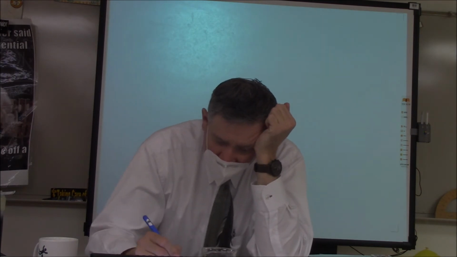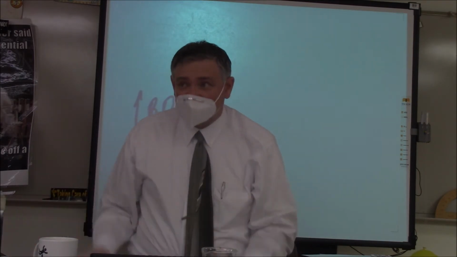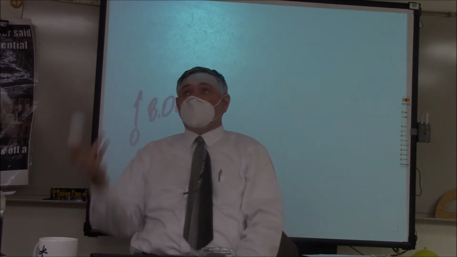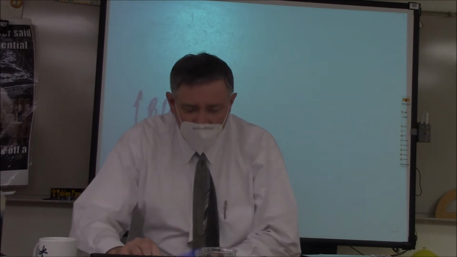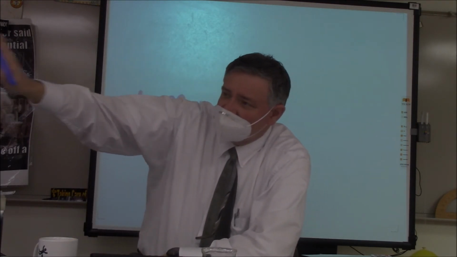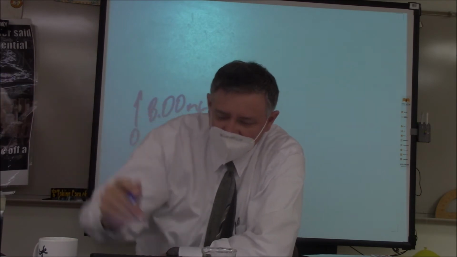So I'm going to throw a ball up in the air at 8 meters per second. Like that, I'm going to give it a toss. Don't worry about projectile motion. Pretend that you're getting ready for the acceleration test.